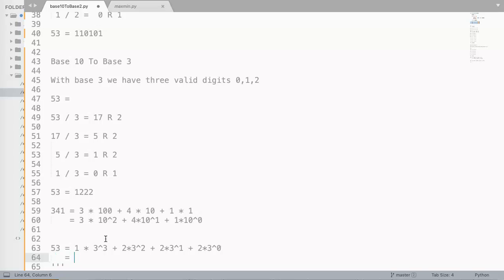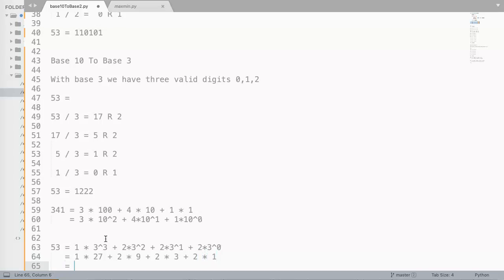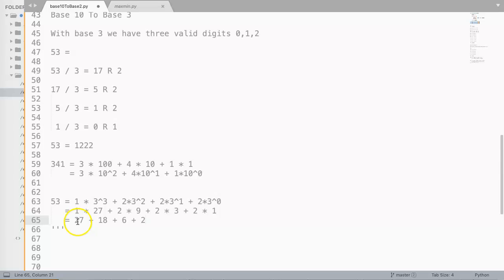That simplifies to 1 times 27 plus 2 times 9 plus 2 times 3 plus 2 times 1, which is 27 plus 18 plus 6 plus 2. 18 plus 2 is 20, then 27, 47, 47 plus 6, sure enough, is 53. That's the process of converting from base 10 to base 3 and then going back.